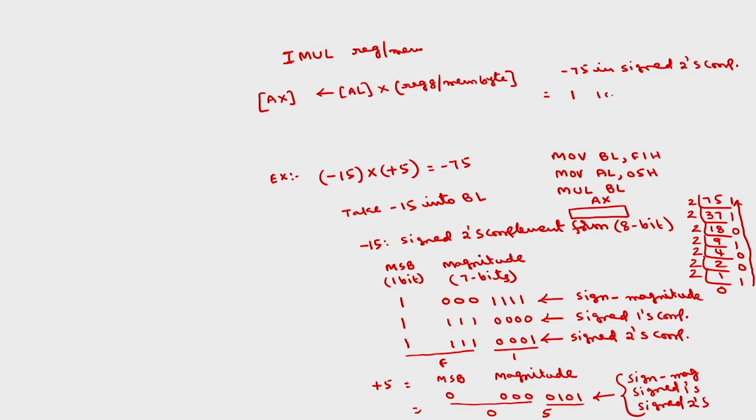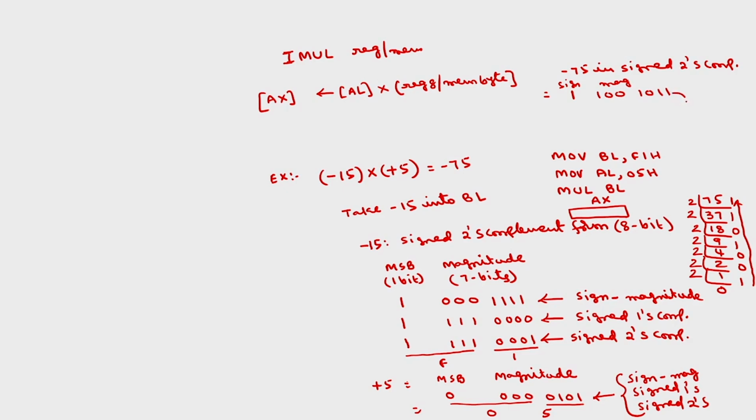This is the sign bit, and this is the magnitude: 1 1001011. This is in signed magnitude representation. But the result will be in signed 2's complement representation, because we have given the 2 data in signed 2's complement representation.